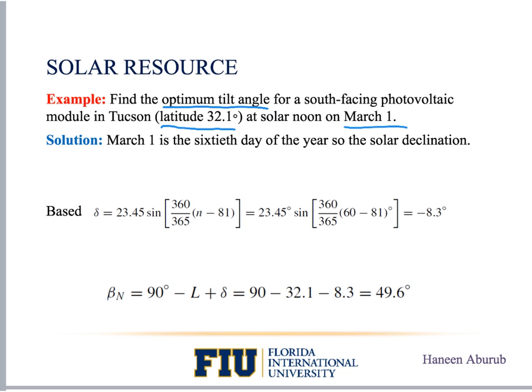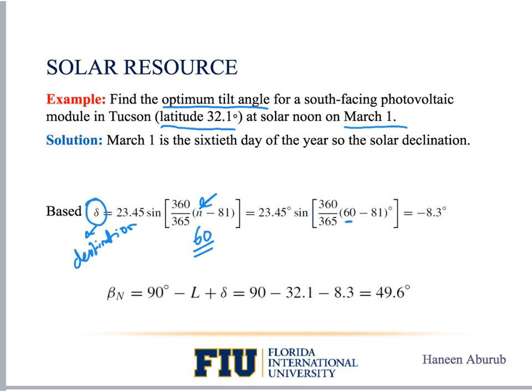Now to start the solution of our problem, we first need to find delta, which is our declination. Using the equation that we mentioned before to calculate delta, we need to find n first. n for March 1st is day number 60 in a year.